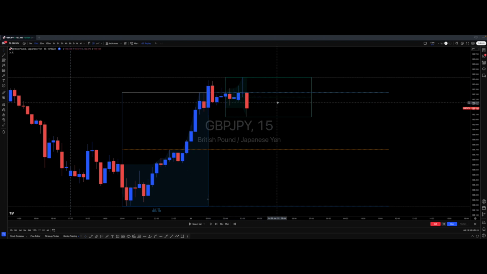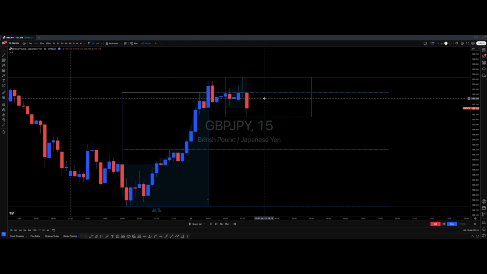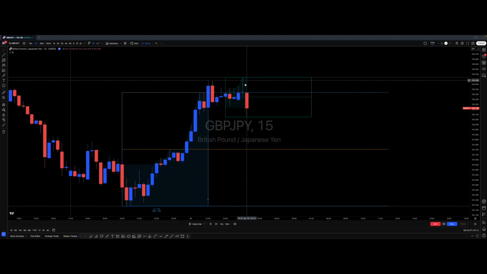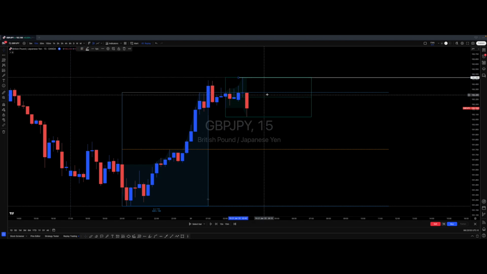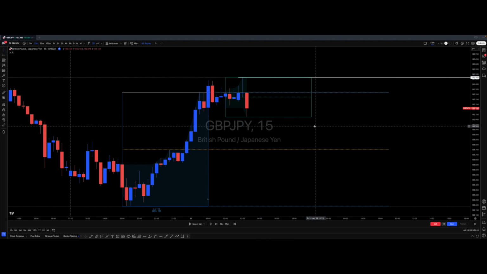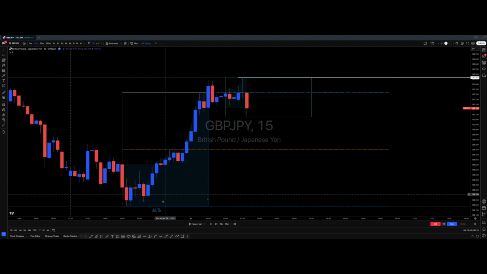Now, a common thing that happens in this area while they're doing this is that the spread actually opens. In this area, you might think that price only went up to here, but in reality, that's where the actual bid and ask opened up.